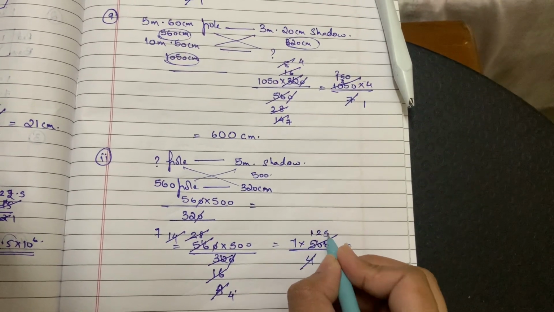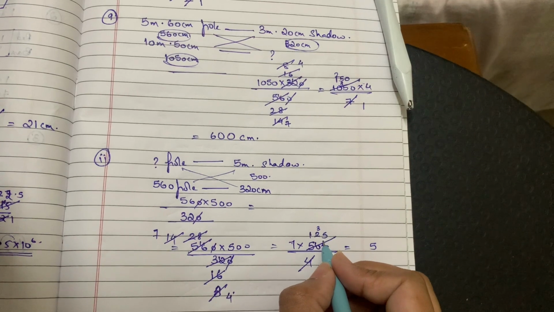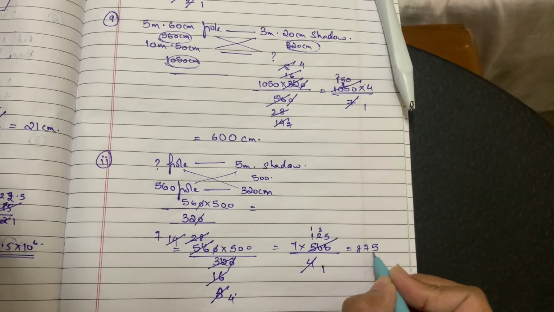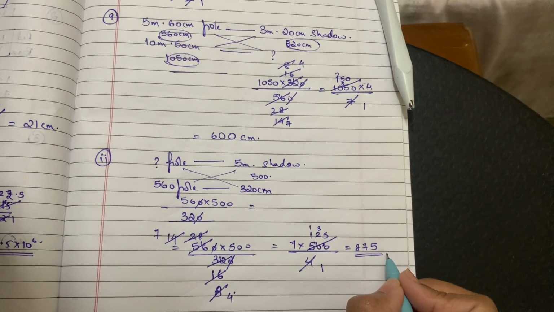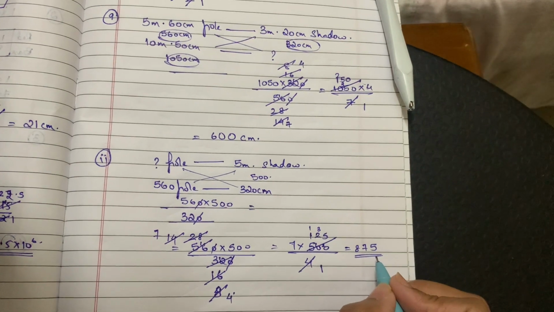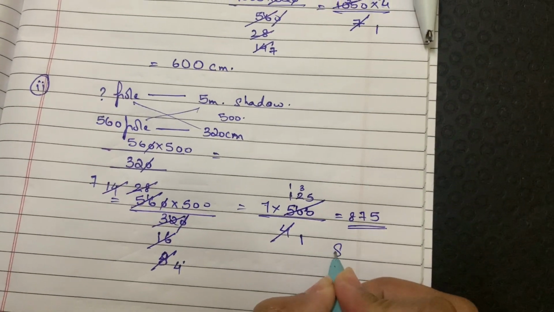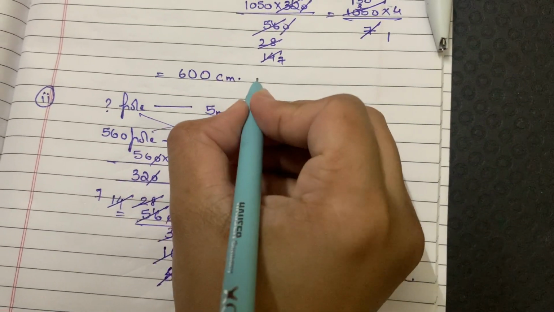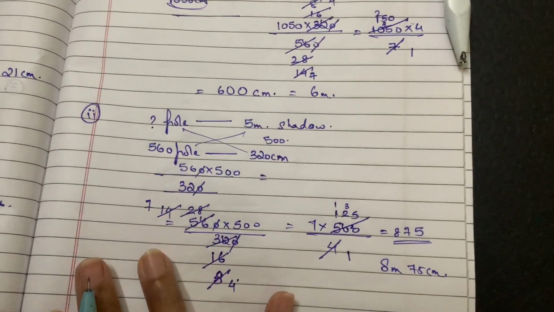So 7 5s are 35, 7 2s are 14, so 875. 8 meters 75 centimeters will be the length. Here also, 6 meters will be the answer for the first one up there.